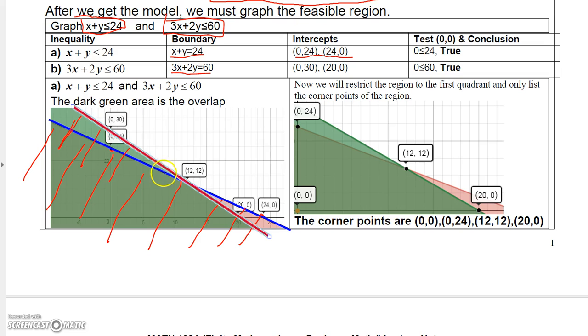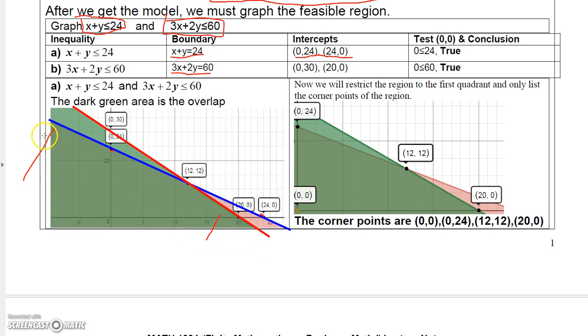Okay, so let's see here. I have to stay underneath that red line. Okay, so now if you look for the overlap, everything below the red line overlapped with everything below the blue line. Let me just show you what you'll get here.